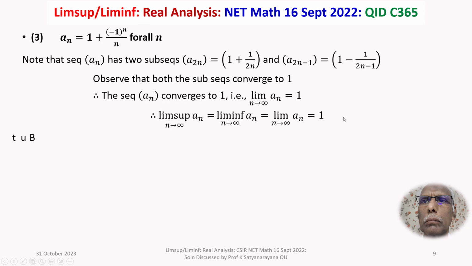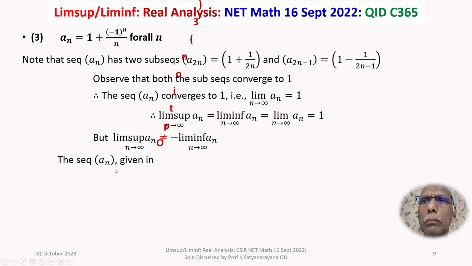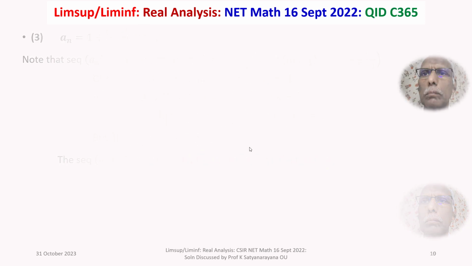Therefore, they are not equal. But the limit superior of an is not equal to minus limit inferior of an. So the sequence an given in option 3 does not satisfy the identity. Let's move to option 4.